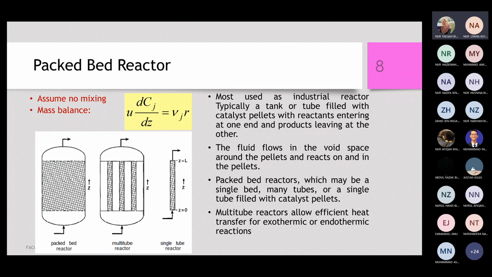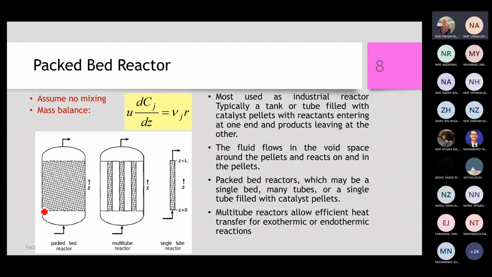So we look at the function of the packed bed reactor and the types of packed bed reactor available in industry. Most used as an industrial reactor, typically a tank or tube filled with catalyst pellets with reactants entering at one end and products leaving at the other.